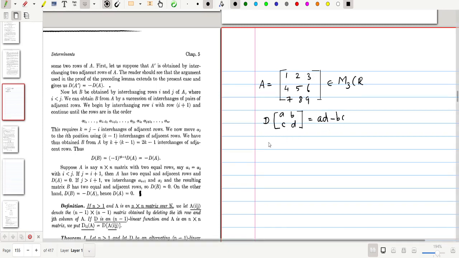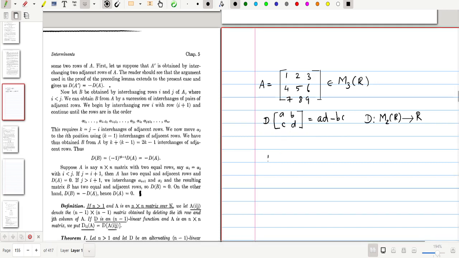So we can get that this D is an alternating function, an n minus 1 alternating function, D from M2 of R to R. This is our D. Now, this A is a 3 by 3 matrix. It's an element of M3 of R, and D is an n minus 1, that is 3 minus 1 linear function.